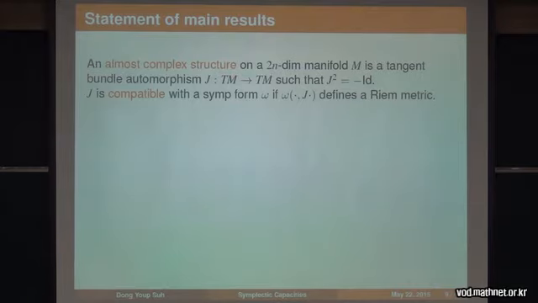But of course, you know that the symplectic structure is basically motivated from the imaginary part of the complex form, and this almost complex structure comes from a complex structure. So there should be some relation, and this is the relation. J is compatible with the symplectic form if ω and J define a Riemannian metric.